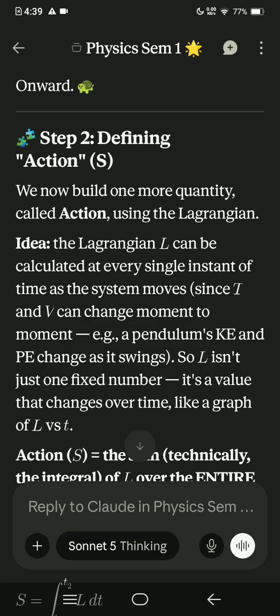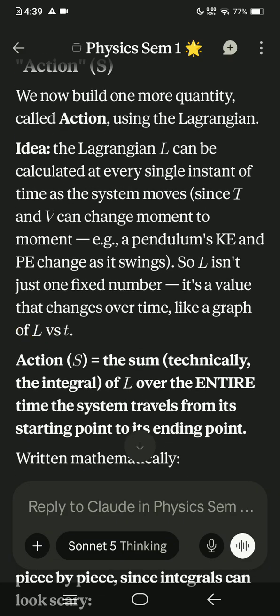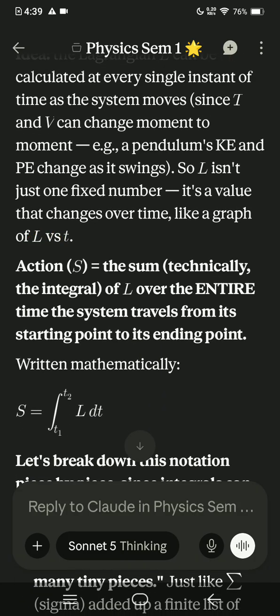So L isn't just one fixed number, it's a value that changes over time, like a graph of L versus t. Action is the sum. Technically, the integral of L over the entire time the system travels from its starting point to its ending point, written mathematically as S equals the integral from time t1 to t2 of L dt.